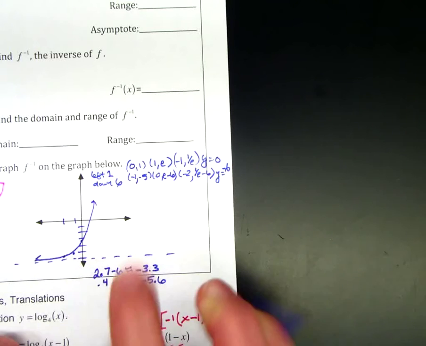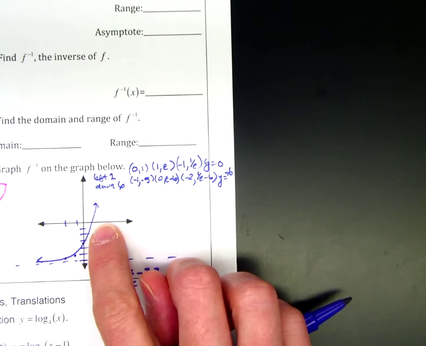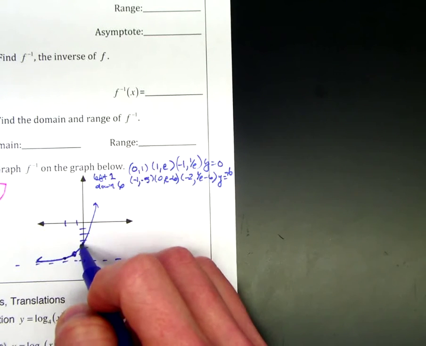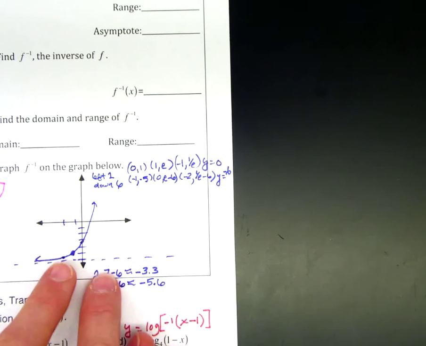Okay, we do have an intercept, but at this point we don't really know what that is. Okay, so we have our points because they're listed here. I'm okay with that. Now, what is going to be the range for this function?